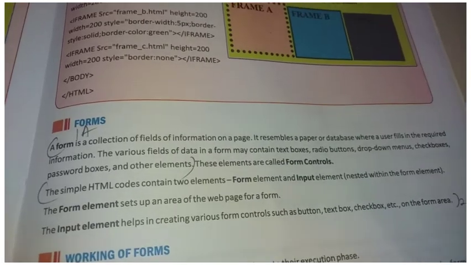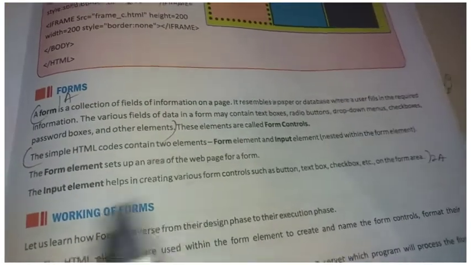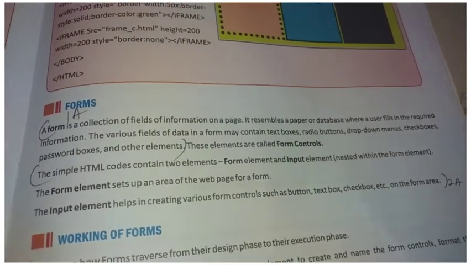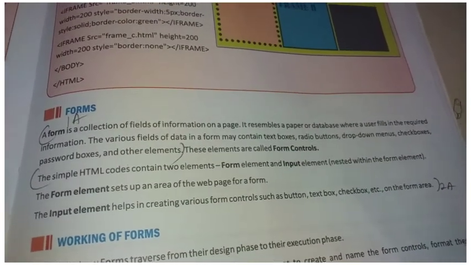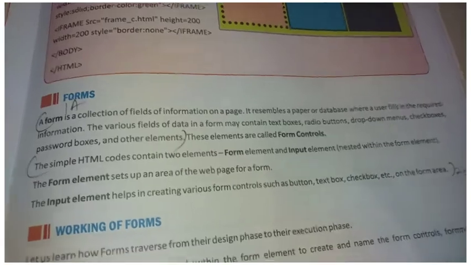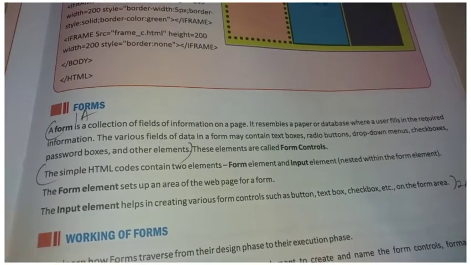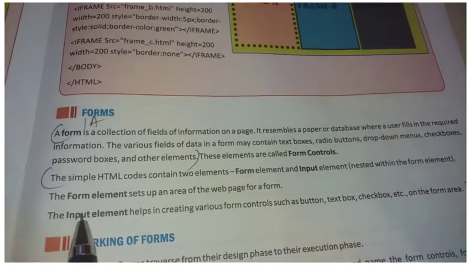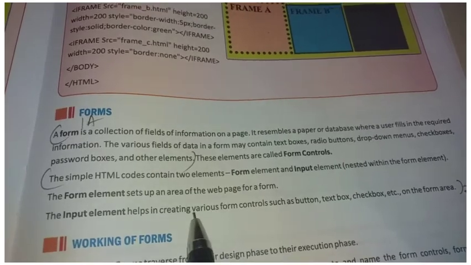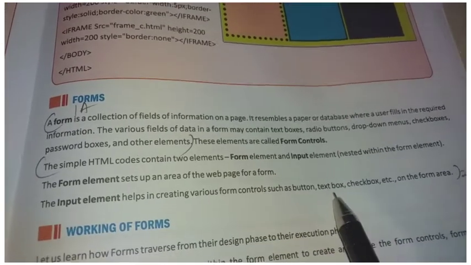That data is what we call a form. Input element: the form can have many kinds of controls, like check boxes and radio buttons. The input element helps provide various controls such as button, text box, and check box in the area.